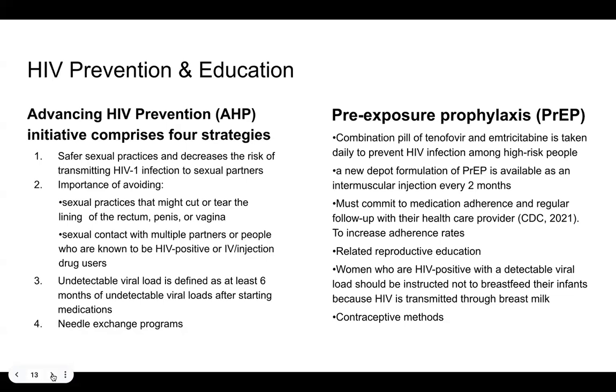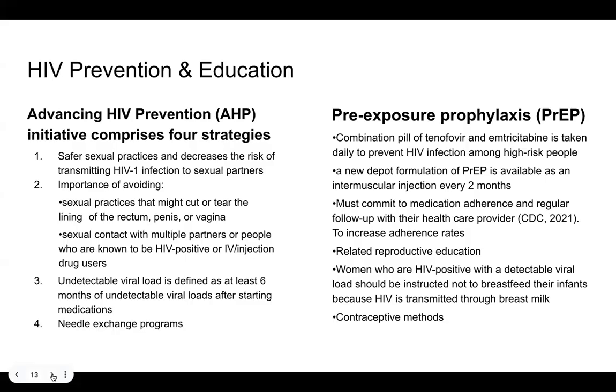These are taken daily to prevent HIV infection amongst high-risk people. There is a new formulation of PrEP that is now available as an injection every 2 months. These patients have to commit to medication adherence and regular follow-up with their healthcare provider, because this increases adherence rates.